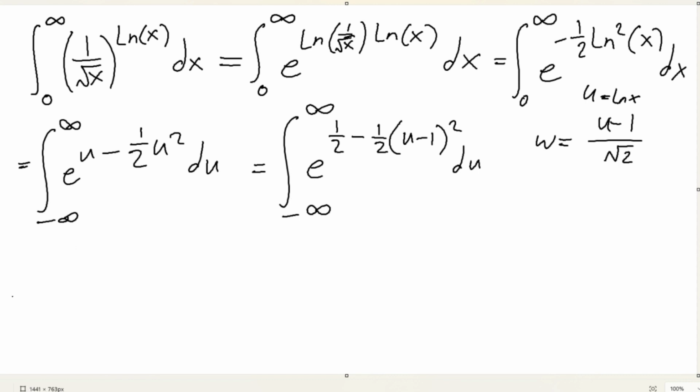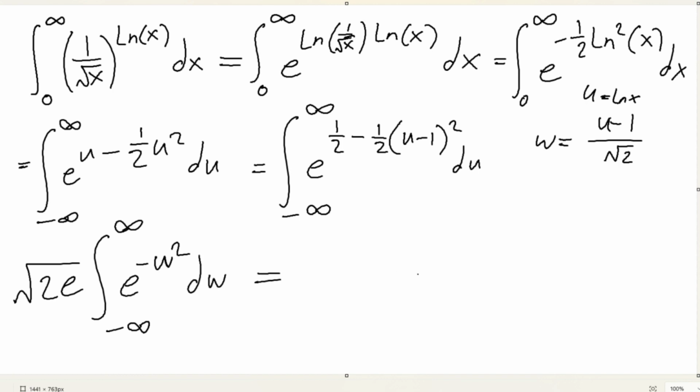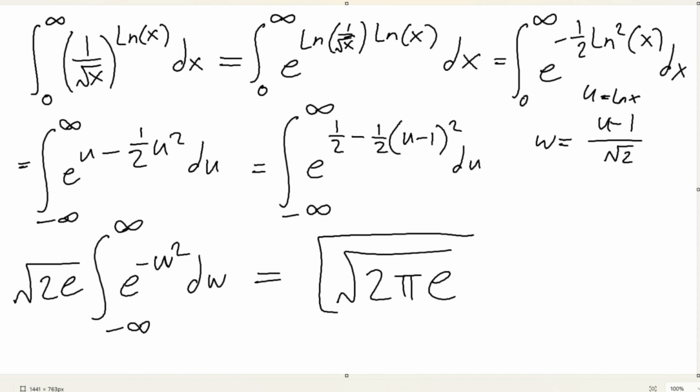And so we have square root of 2e at the front, and then we have e to the negative w squared dw. And now our final answer is the square root of 2 pi e. A very satisfying answer.